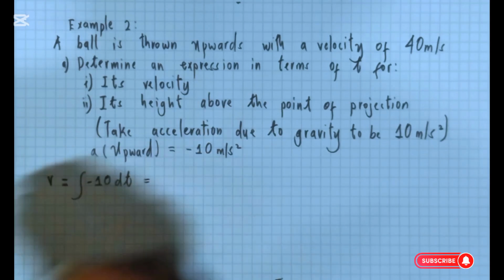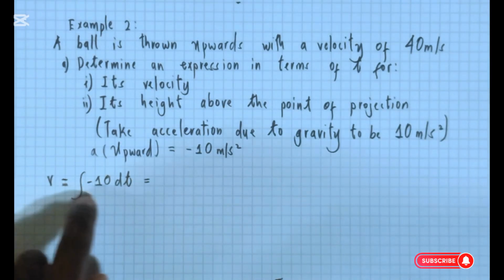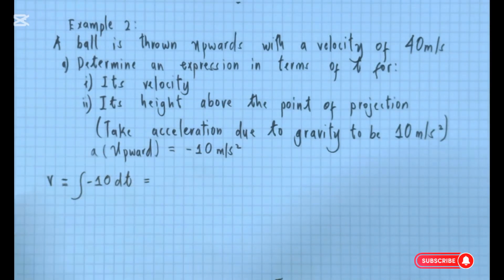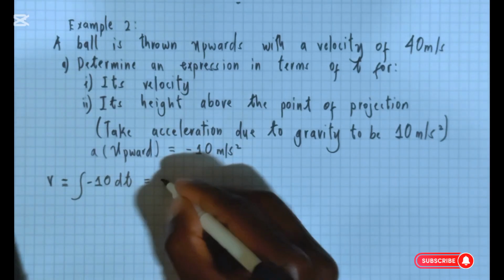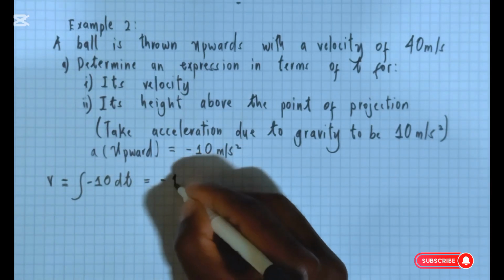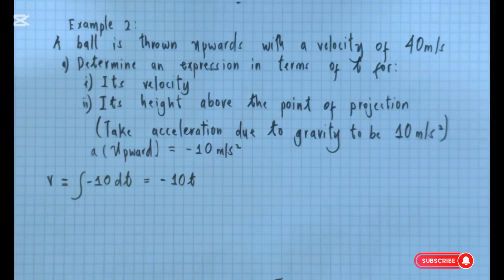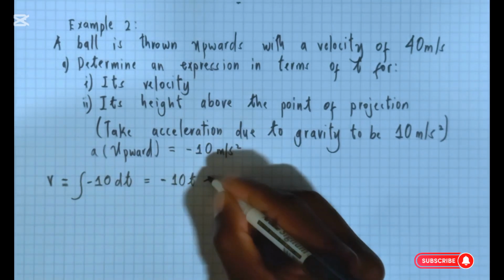When you integrate negative 10 with respect to t, you're going to get negative 10t plus c.